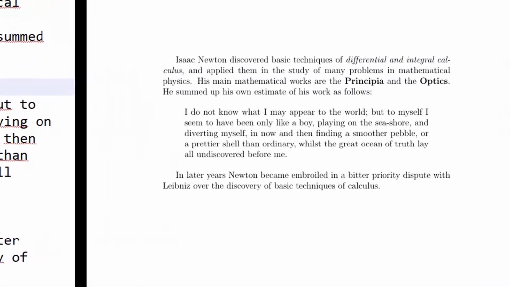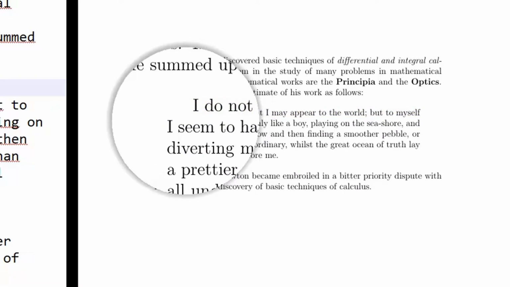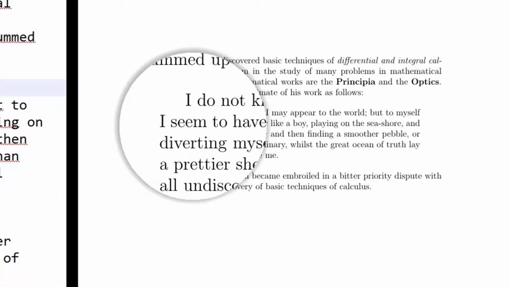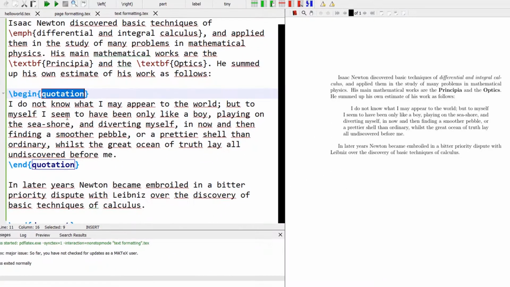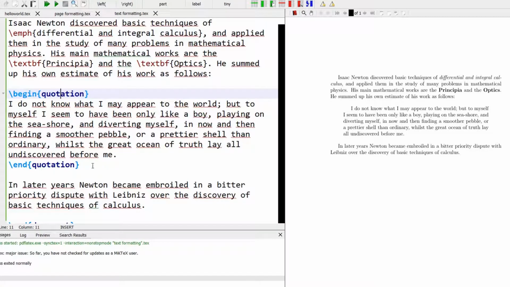When I build this, the difference between quote and quotation is that in the quotation environment, the first line of the quotation text starts with a tab, which was not true in case of quote. So quotation can be used for long text and quote can be used for short text.